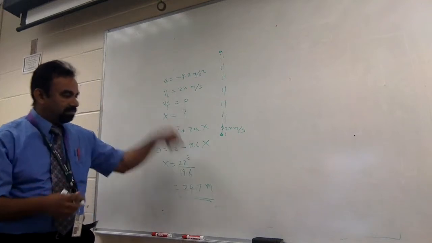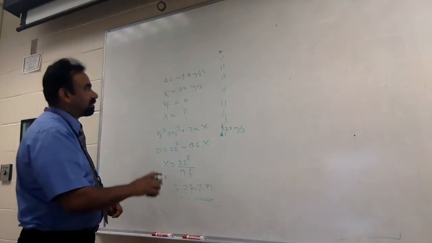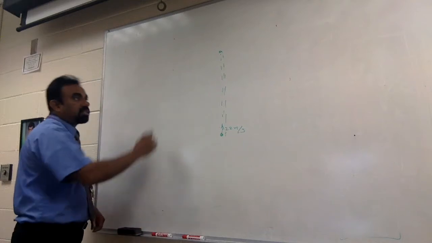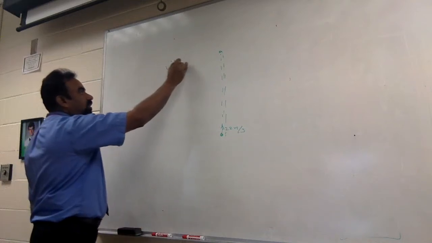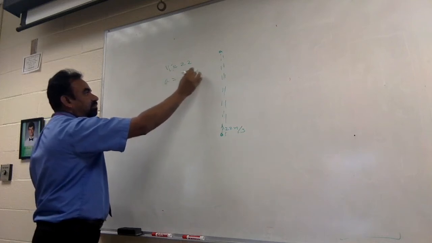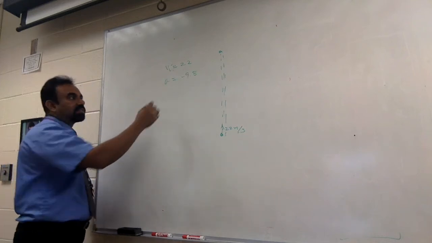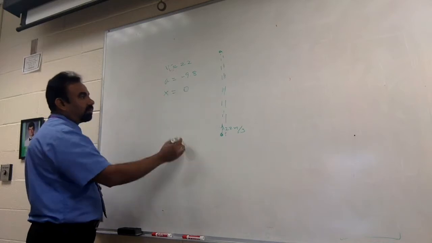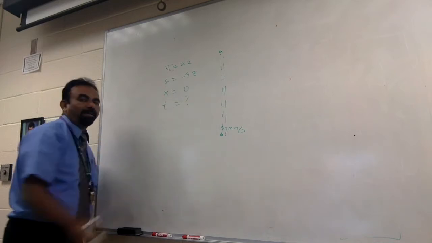So we have to look at the data once again. You're looking for fresh data and a fresh equation. Initial velocity is 22. Acceleration you know. What else? Displacement, how much? 0. And the question is asking for time.